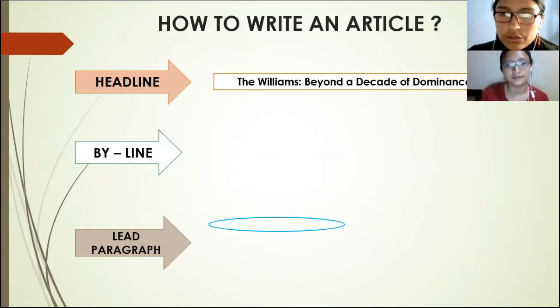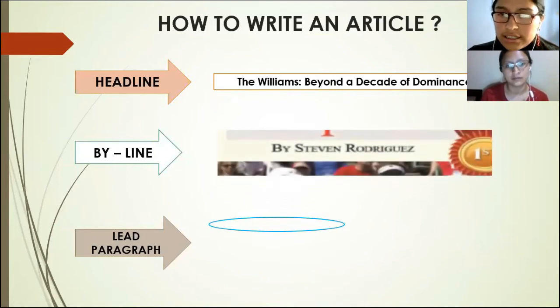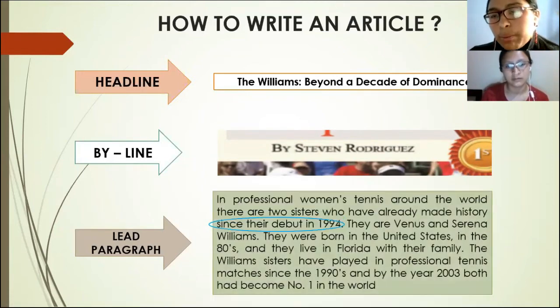So first of all we're going to put the title of our article, then we're going to put the byline, the author or the person who writes the article, and then we have the lead paragraph, or the introduction of our article. As I said before, in our lead paragraph, we're going to try to answer all WH words. So I'm going to show you now how this lead paragraph is built.